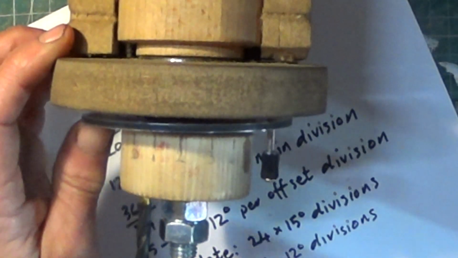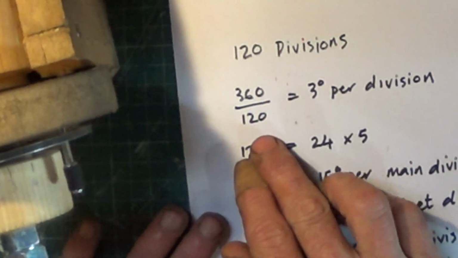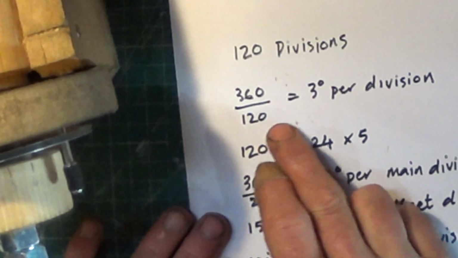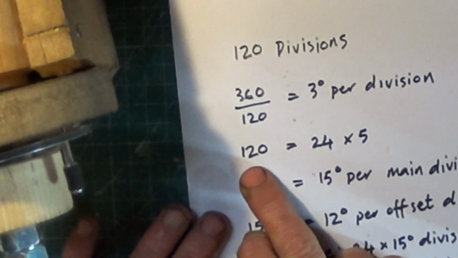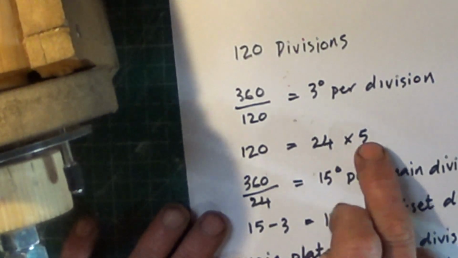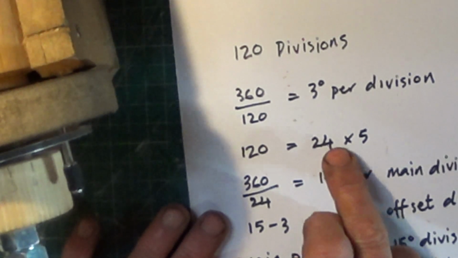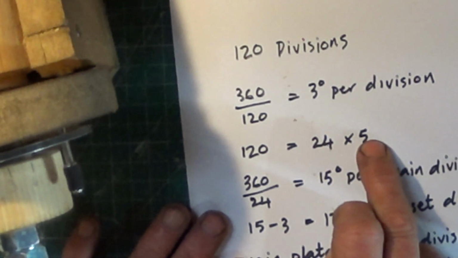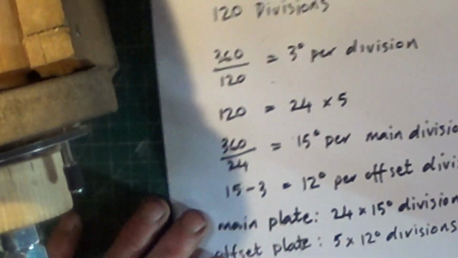I will also be making 120 divisions, so 360 over 120 gives me 3 degrees per division. Now 120 is 24 times 5, so with a 24 hole moving plate and a 5 hole fixed plate, I can get my 120 divisions.